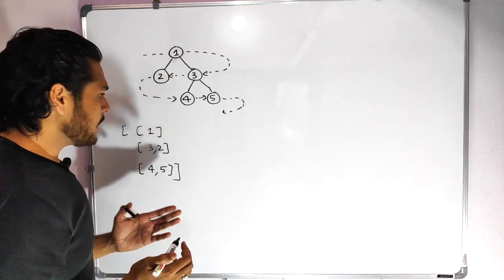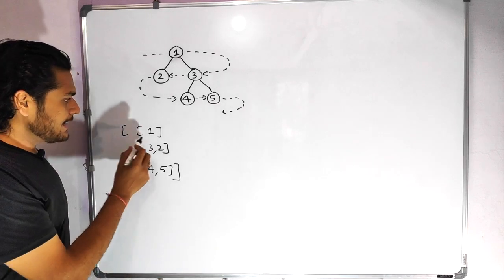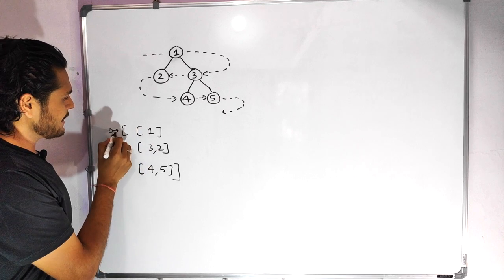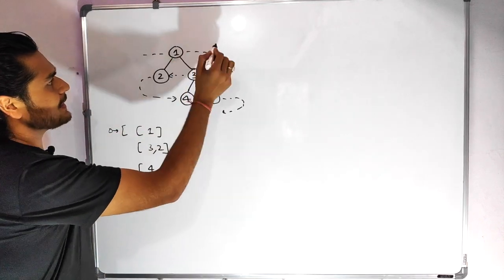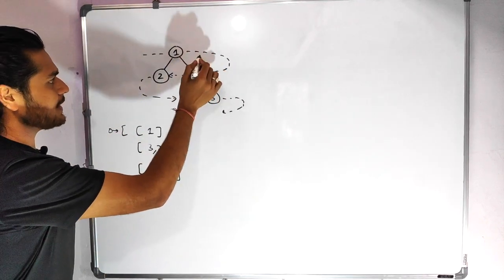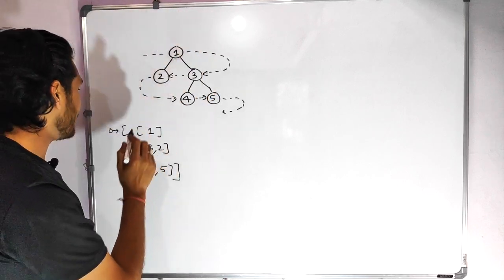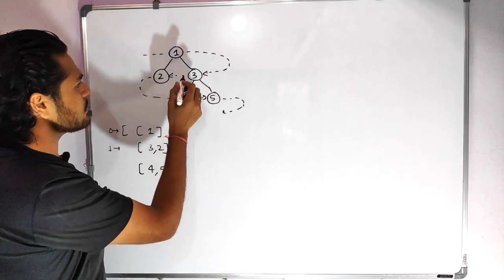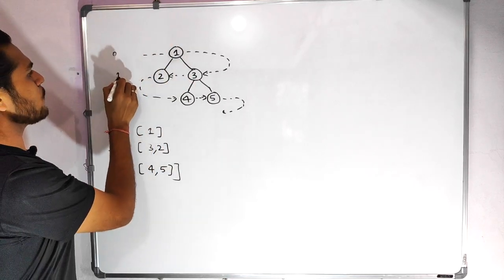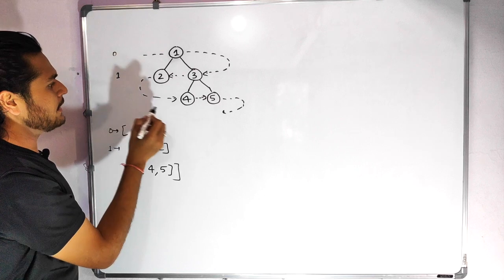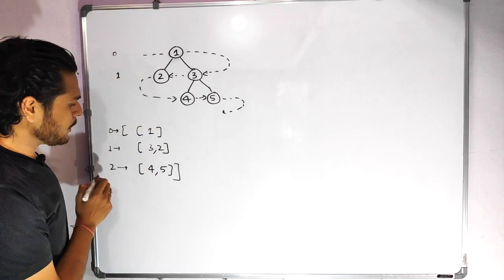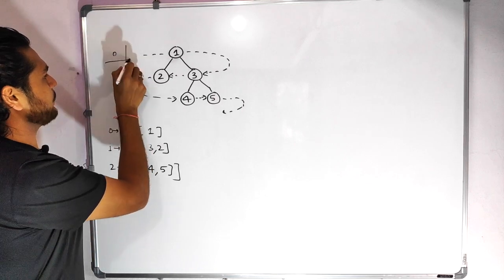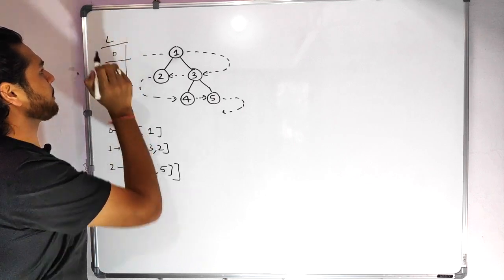One thing we can notice here is that index 0 has the first level nodes, index 1 has the second level nodes, and index 2 has the level 2 nodes.